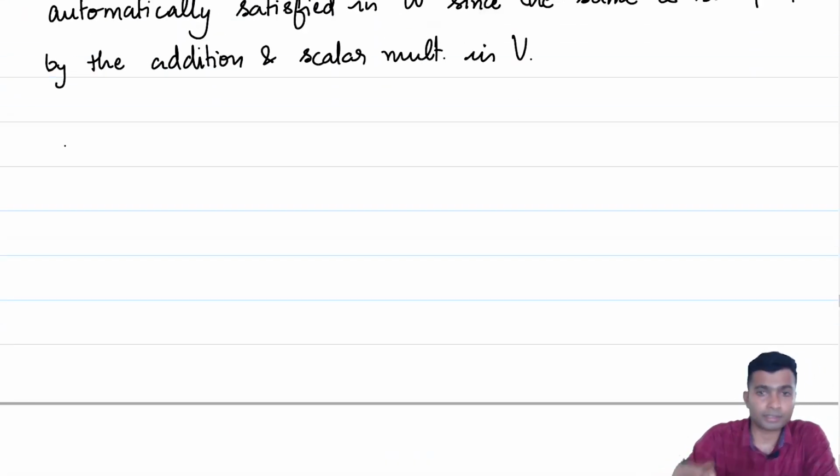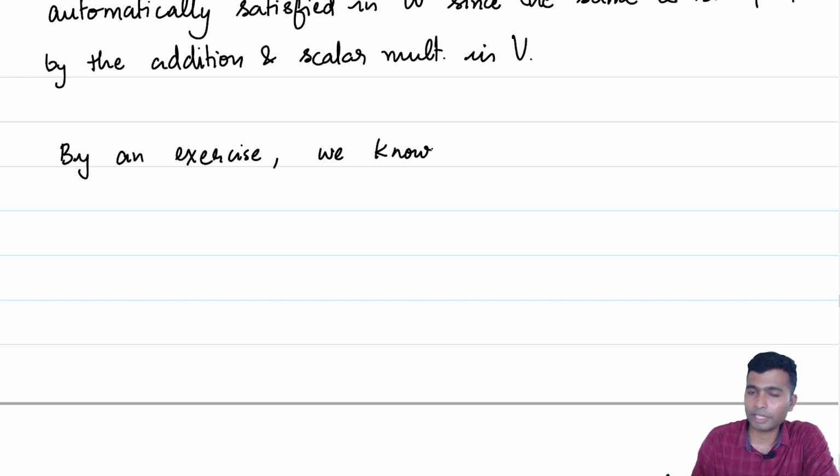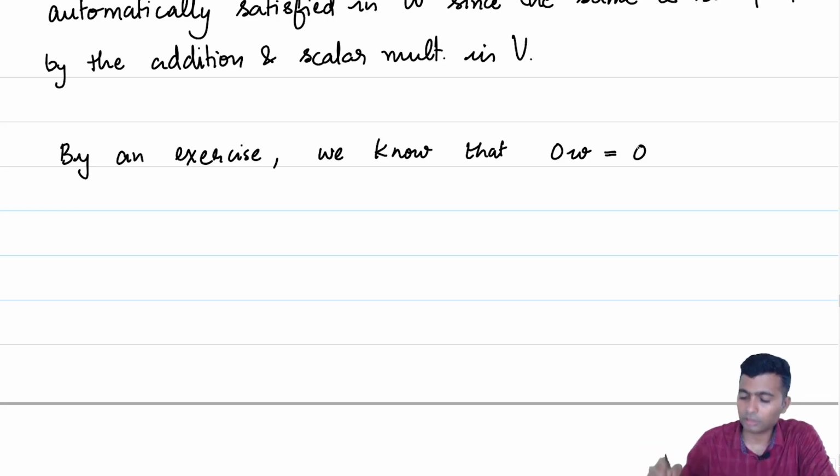Now by an exercise that we did in the previous session, we know that if you consider the scalar 0 and look at the scalar multiplication of 0 with some vector w in capital W, this should end up with the 0 vector. So, if you have not done that exercise, please sit and do the exercise and convince yourself that if you multiply the scalar 0 to a vector, you get the 0 vector.